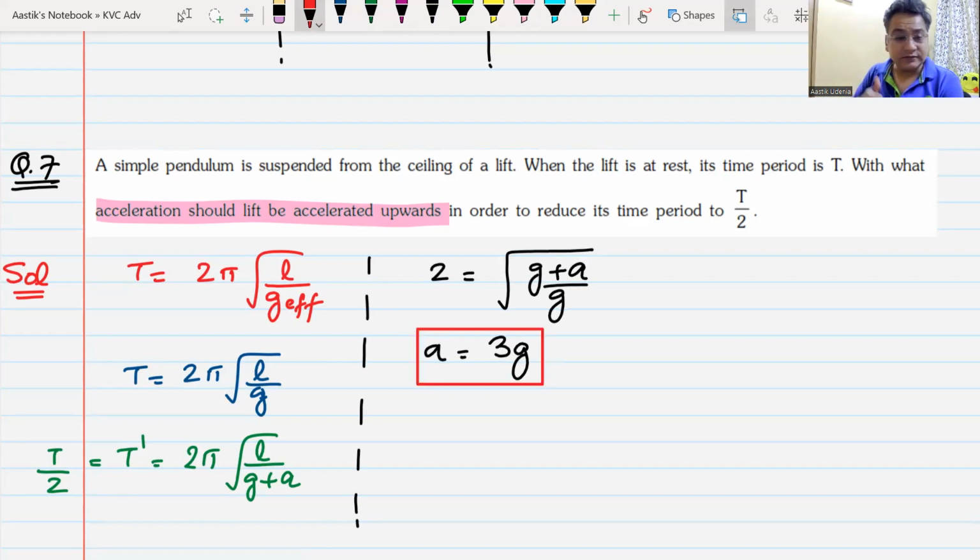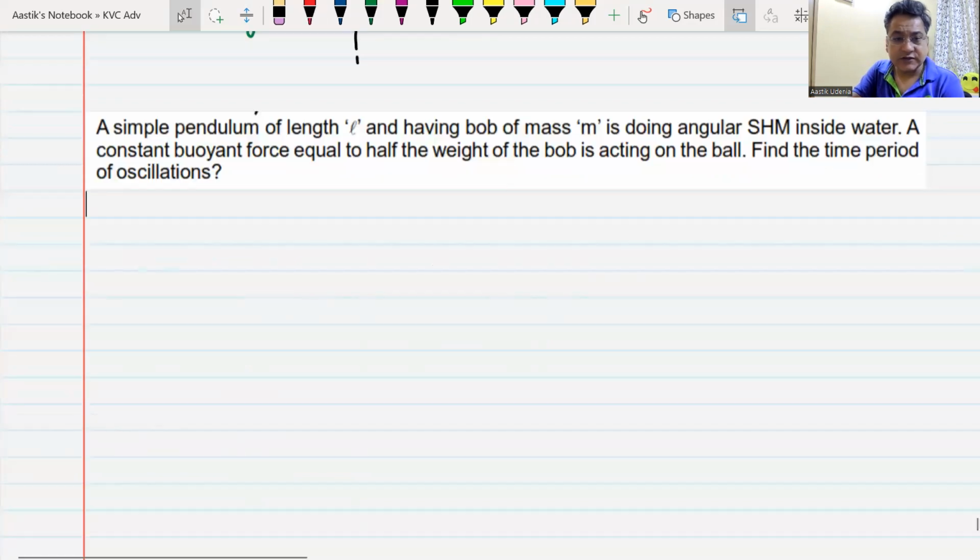Everyone got this, yes or no? Yes, sir. Okay, good. One more question on this so that all types of questions are covered. Let's see if you can get me the answer for this one. Simple question. A simple pendulum of length L having a bob of mass m is doing angular SHM inside water.